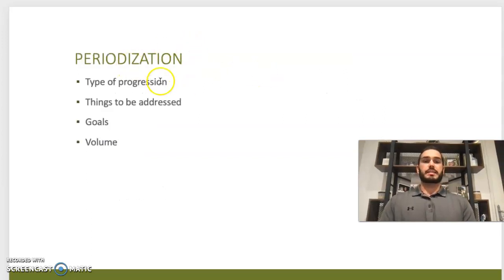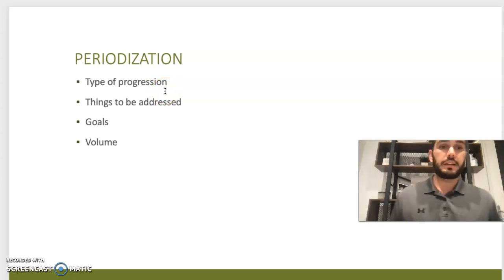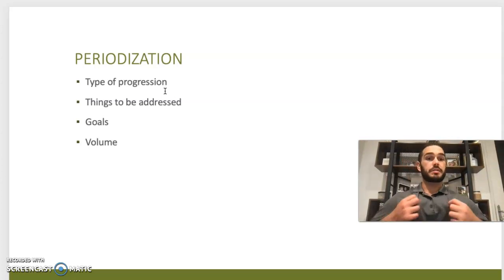For the periodization, the type of progression I followed was a linear progression. I did try to focus on flexibility, as this was a limiting factor in her FMS scores. As I noted, hip flexion range of motion and hip extension range of motion were limited due to hip flexor tightness.